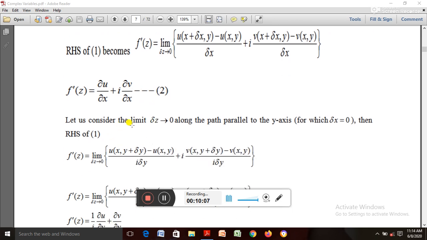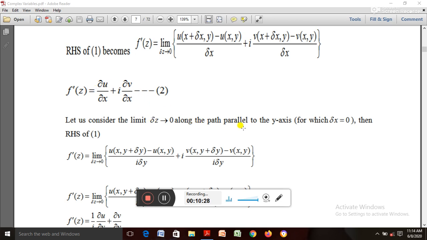So let us consider the limit delta z tends to 0 along the path parallel to the y-axis, which means delta x tends to 0. Already I have told that as delta z tends to 0, either delta x is 0 or delta y is 0. In the first case, we studied delta y equal to 0 and put it in equation number 1.